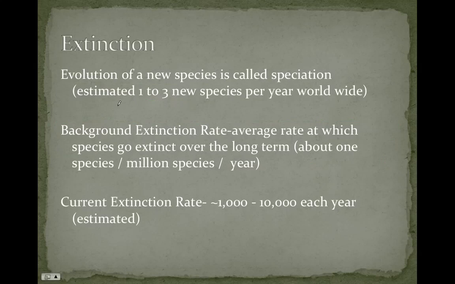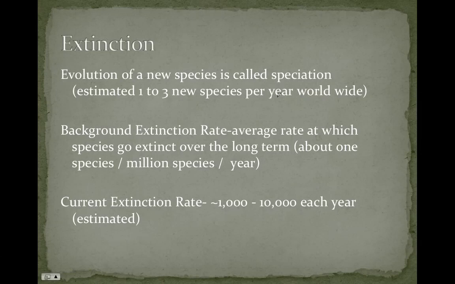So we can measure biological diversity and all these different types of species diversity, genetic diversity, but one important indication of the health of our planet and biological diversity is extinction. And so we can measure extinction. It's difficult to measure, but we can measure these things. And so here's some important things that we should know.